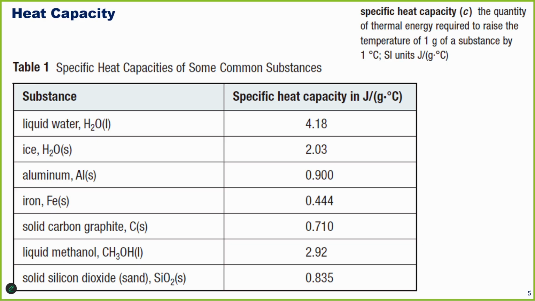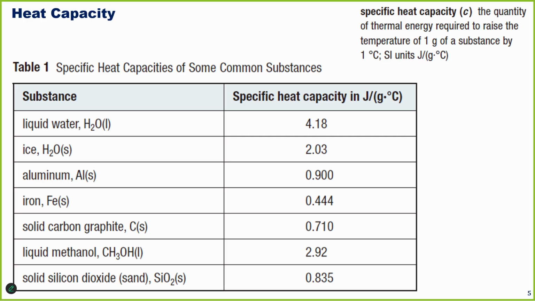It takes a lot of thermal energy to raise the temperature of a substance with a high specific heat capacity, such as water, but relatively little to raise the temperature of a substance with low specific heat capacity, such as sand. So have a look at table 1 here, which shows specific heat capacities of some common substances.